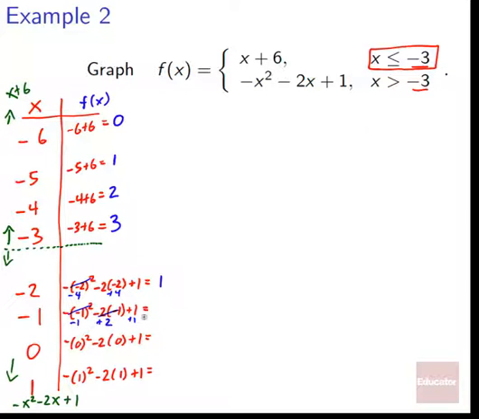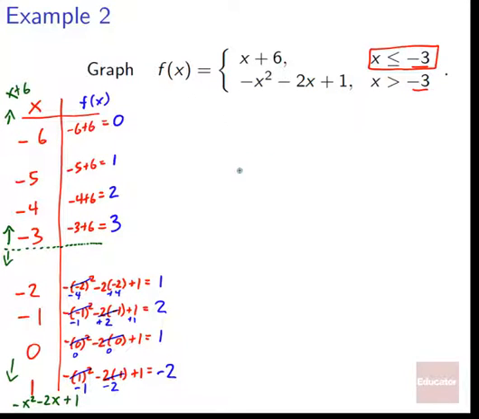So negative 1 plus 2 plus 1, we get 2. 0 squared gets us 0. Negative 2 times 0 gets us 0. Plus 1, we get 1. Negative 1 squared gets us negative 1. Negative 2 times 1 gets us negative 2 plus 1. So we get negative 2 here. Great. All right. So at this point, we can start graphing this thing.